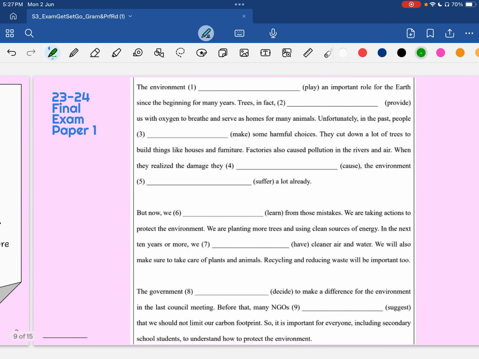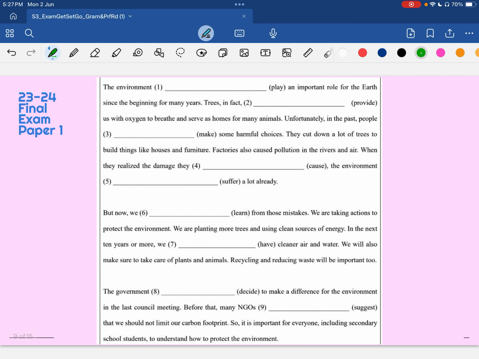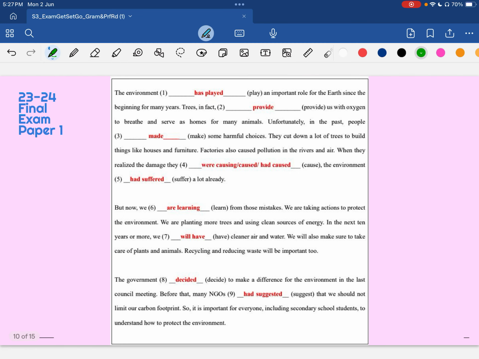So for tenses, when you see that in the exam, what you need to do is very simple. For example, this one, the answer is like this. So how can we know the answers? Very easy. First of all, what you need to do is to find the time words.